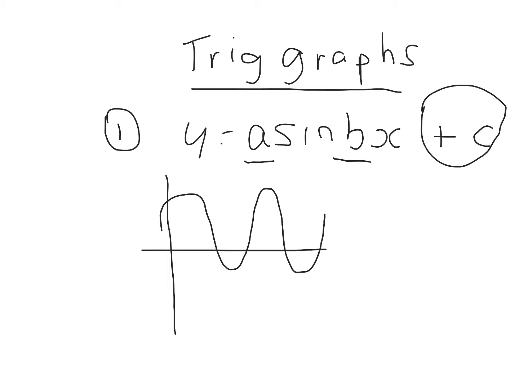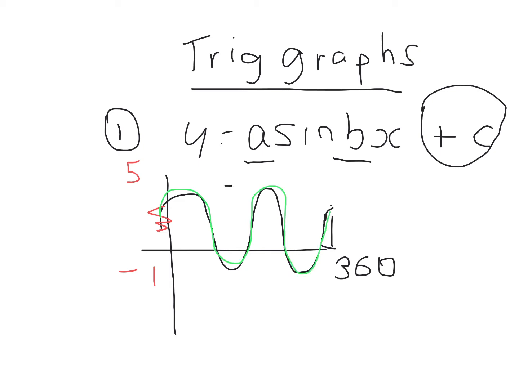Okay, right. First of all, I'm going to say that this curve goes up to 5 and down to minus 1. Okay, and then we're going to say that there is one complete curve, two complete curves in 360.